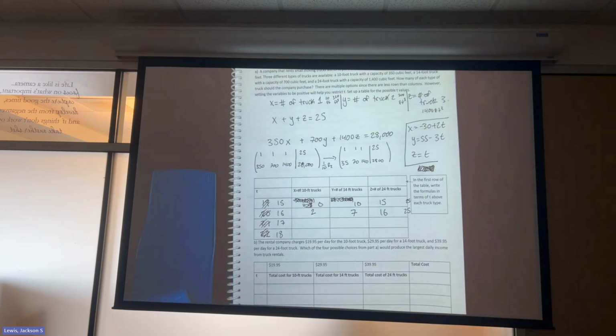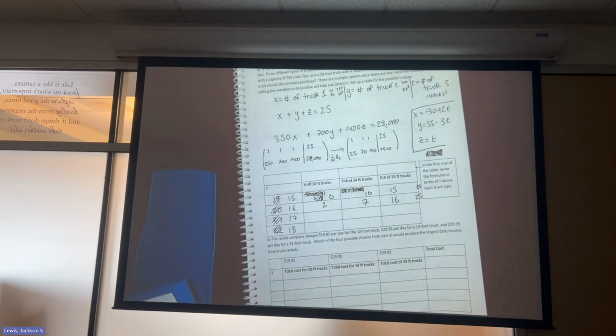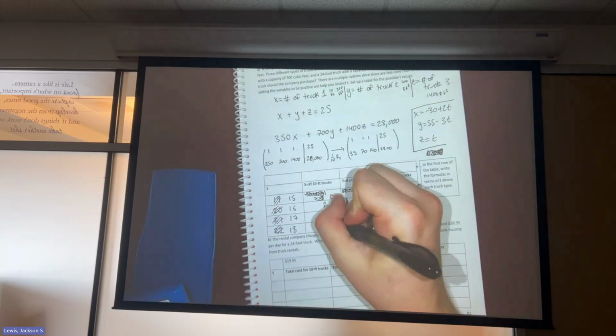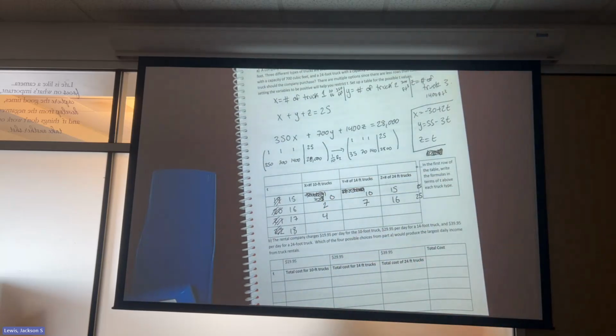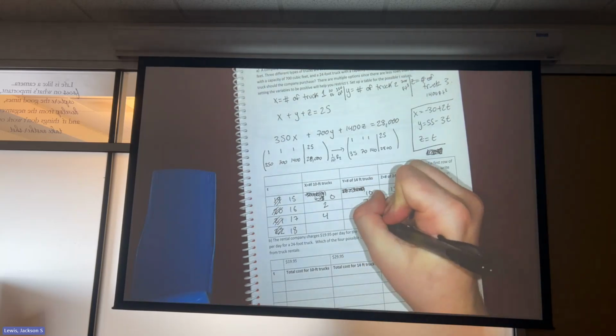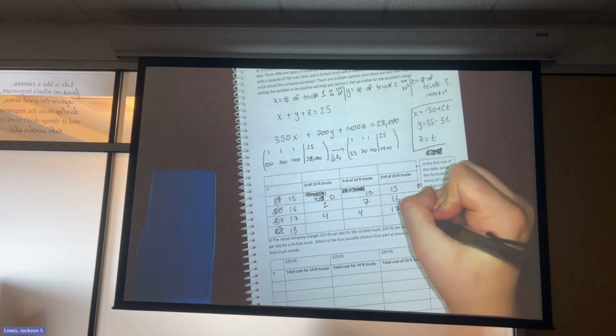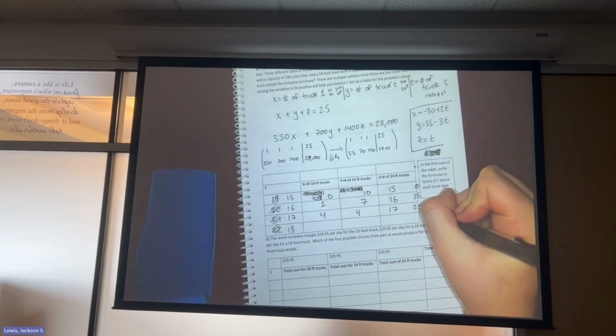Do the same thing with 17. So that's 4 for the first one, and then 55 minus 3 times 17 is 4, and I get 17 here. That does add up to 25.